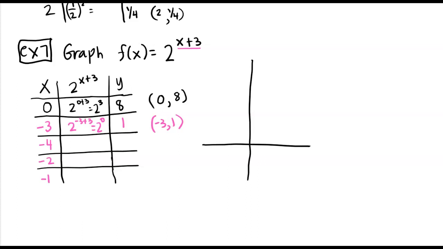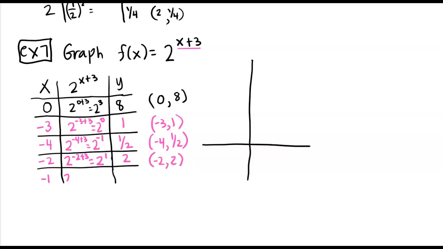If we put -4 in here, 2 to the -4 plus 3 power is 2 to the -1 power, so that's going to give me 1/2. If I do 2 to the -2 plus 3 power, that's going to be 2 to the 1st power, which is just 2.